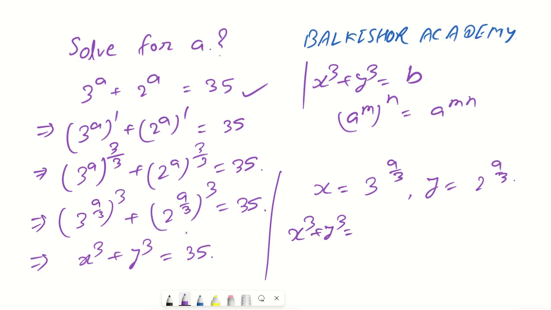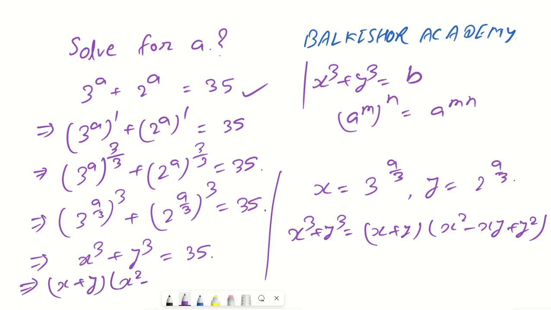You can refer to any website, let's say Cube Math or something like that, and you can find out that it is x plus y into x square minus xy plus y square. So using that formula, I can write my left side x cube plus y cube as x plus y into x square minus xy plus y square is equal to 35.